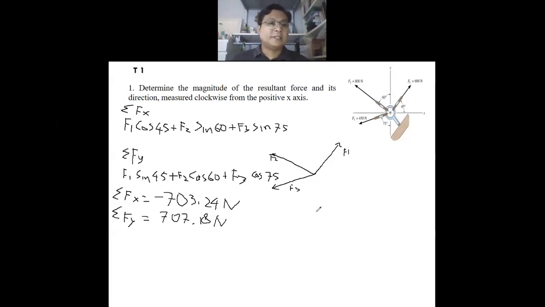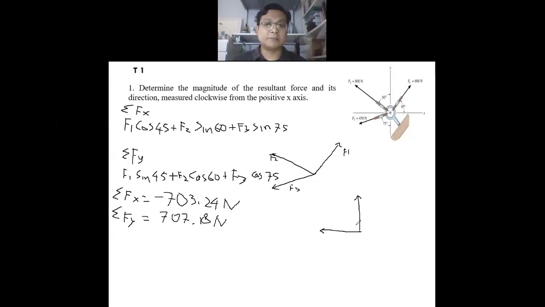Based on this condition, you can describe the direction of force: Fx in the negative, while the Fy in the positive direction.